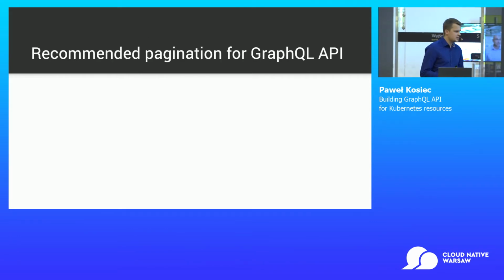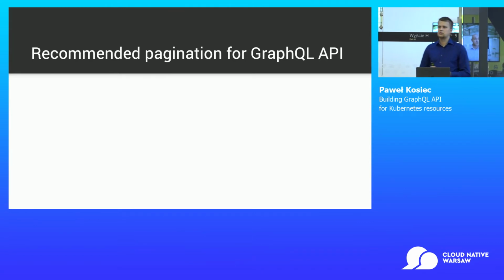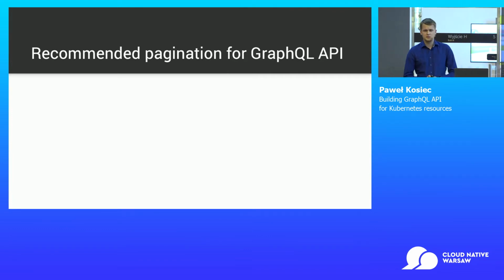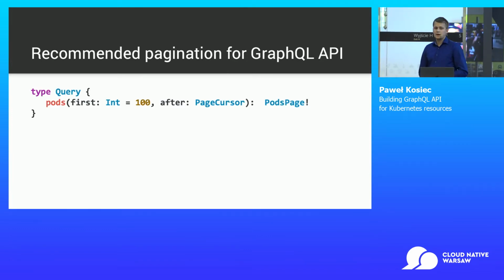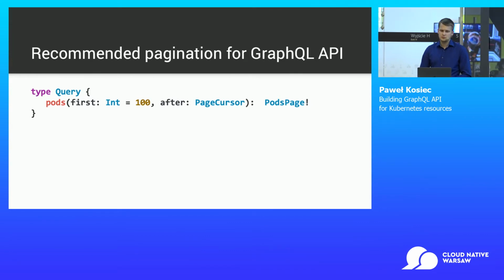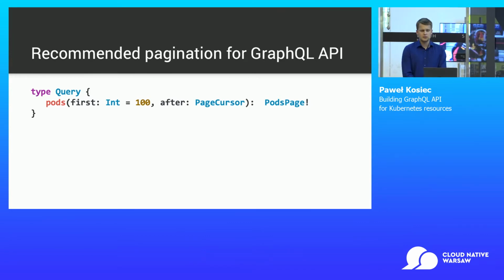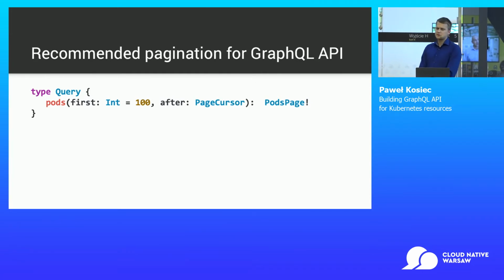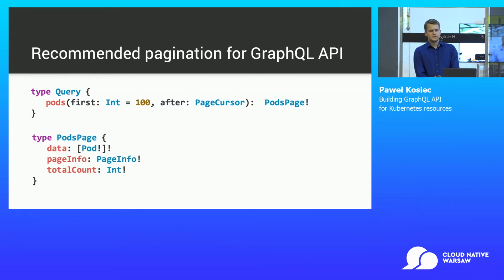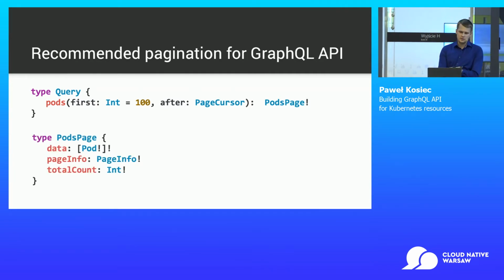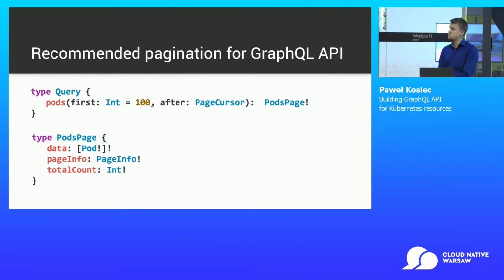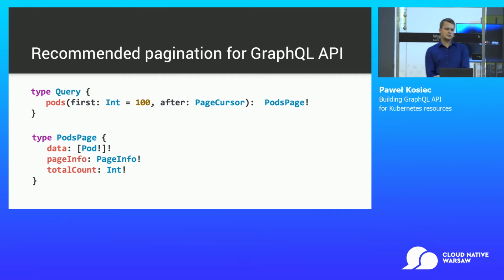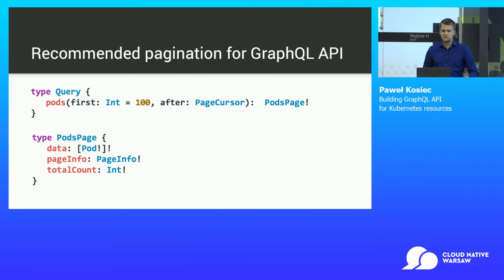And just for reference, this is how I believe one of the best implementations of pagination in GraphQL servers should look. We should define two parameters: first and after. The page cursor is a string, and for some query we need to return a page, where our data is a collection of items, and also page info.